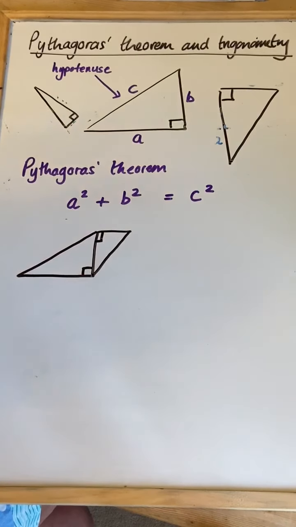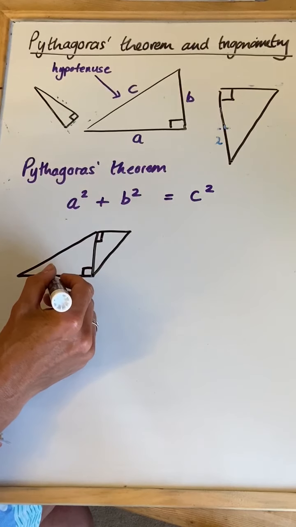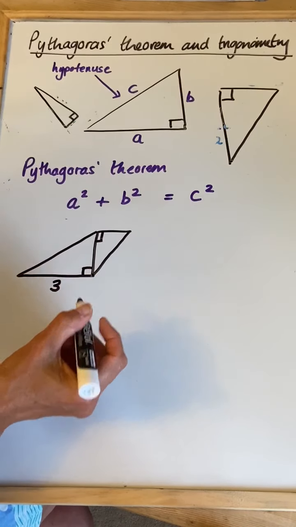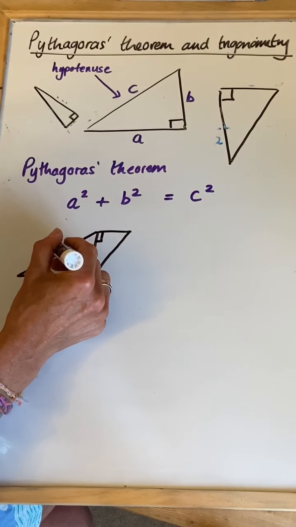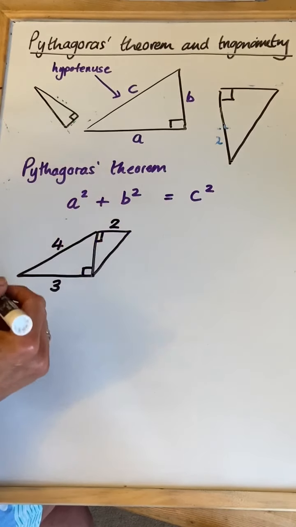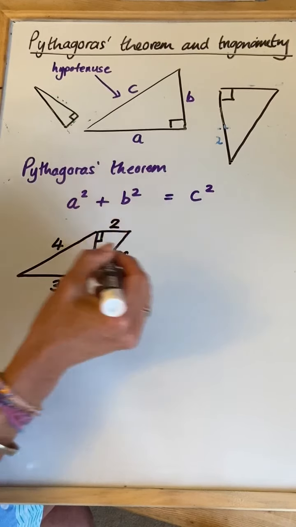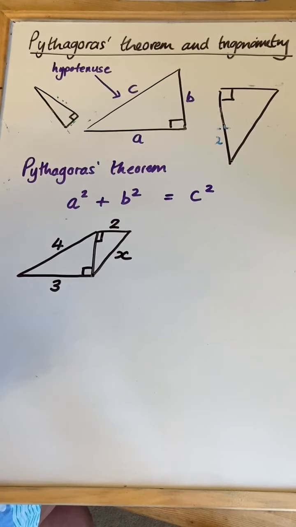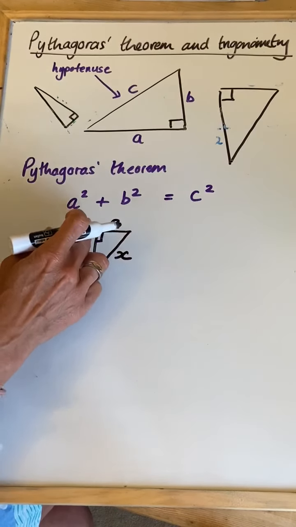And you might be told this length here and that length there. Not be told that one, but you're told that one there, and you've got to find this one here. This would be a 2-part question.